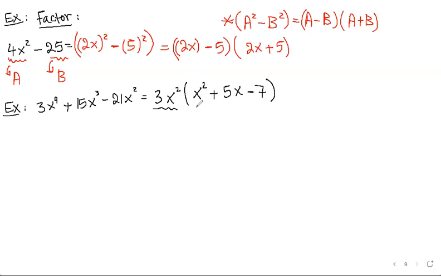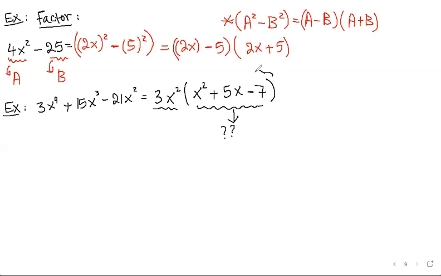Now, can I factor this one? If I'm looking for two numbers whose product is minus 7 and whose sum is 5, can I count? There's none. No, I cannot.